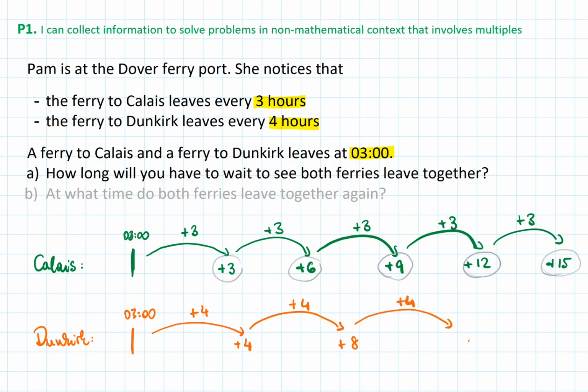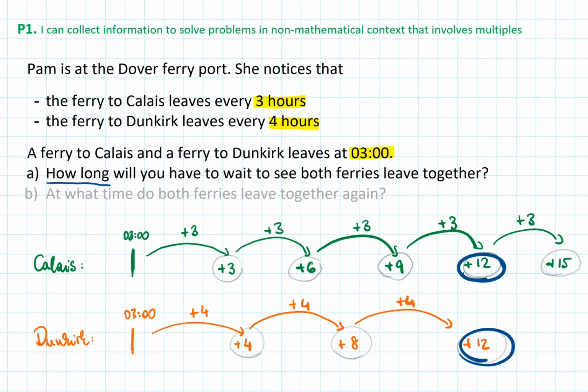So altogether after 12 hours. And we can see that these are the multiples of 4. So when the first question asks, how long will you have to wait to see both ferries leave together again? The answer is 12, which is the lowest common multiple of 3 and 4. This is how long you have to wait to see the two ferries leave together.